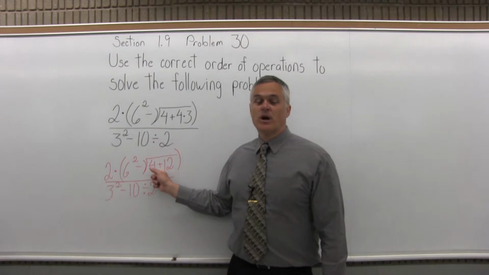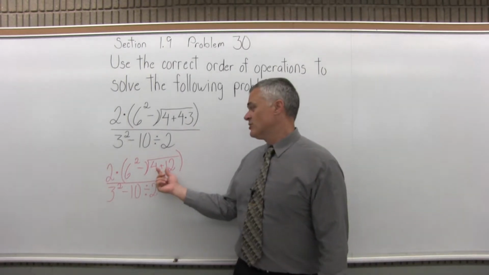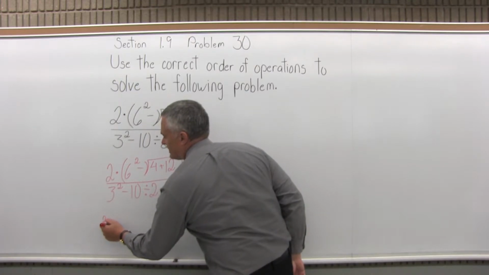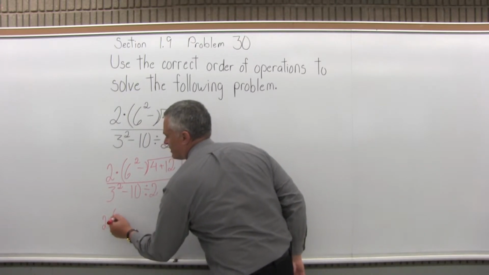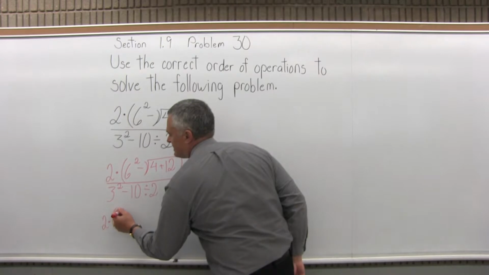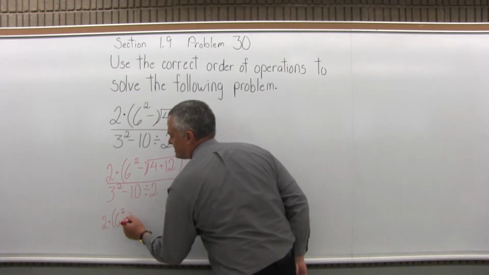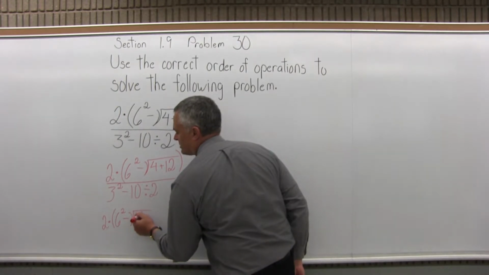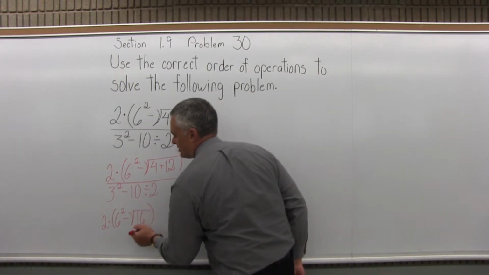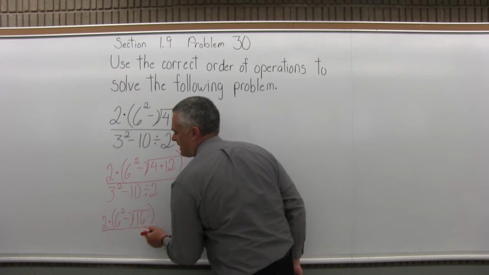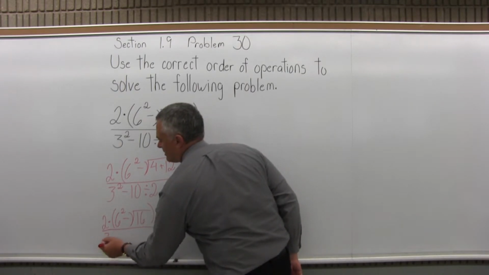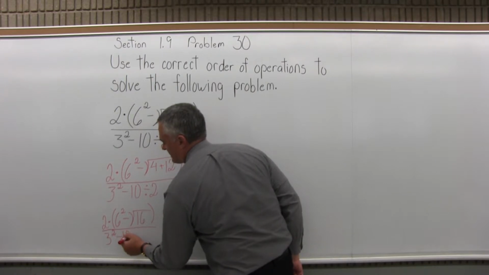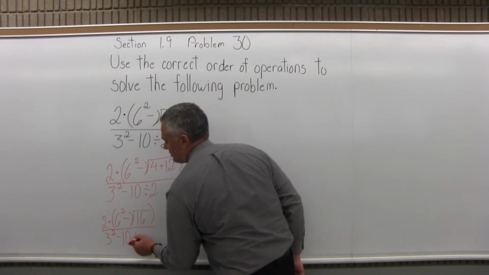The 4 plus 12, now I can do that. That's the last thing to do under the square root. So the 2 in front can stay in front, times, I'll open the parentheses, 6 second power minus square root of 4 plus 12. 4 plus 12 is 16. And then close the parentheses in the top, and then in the denominator, 3 squared, or 3 second power, minus 10 divided by 2.